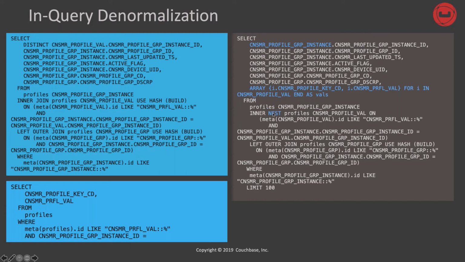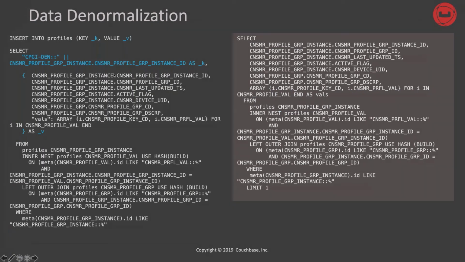And then now that I have this, I can put that into my JavaScript and use that. But I can also take that and actually use it to insert denormalized data back into the data set if I wanted to.